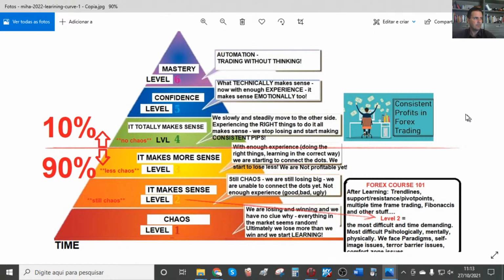Okay? Now, you are not in level number 1. You are not anymore in level number 2. You are at level number 3. And at level number 3, everybody, with enough experience, doing the right things, learning in the correct way, we start to connect the dots.